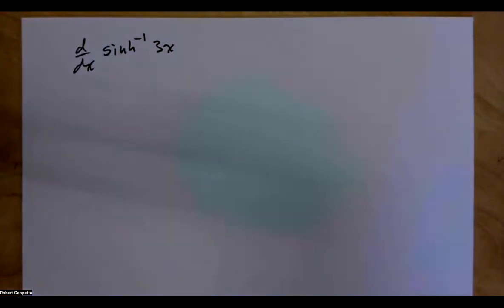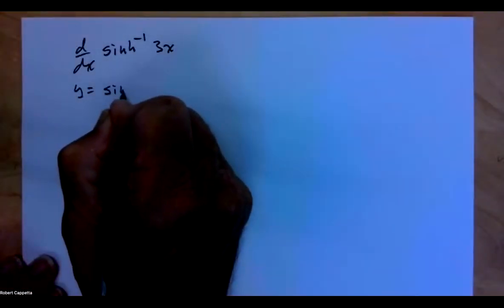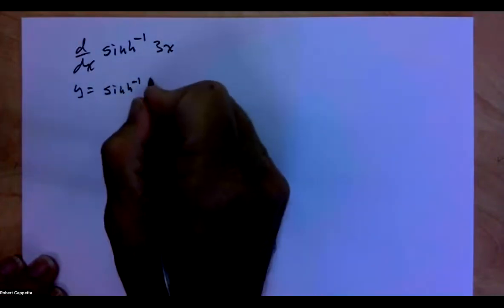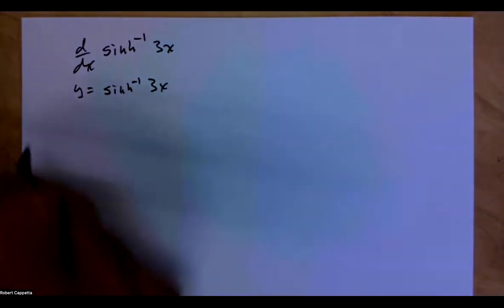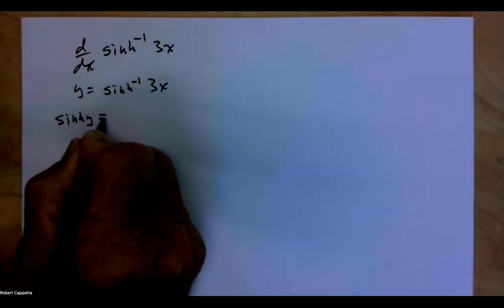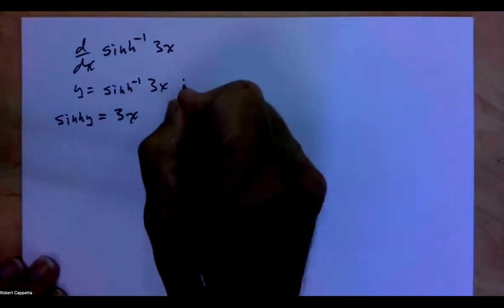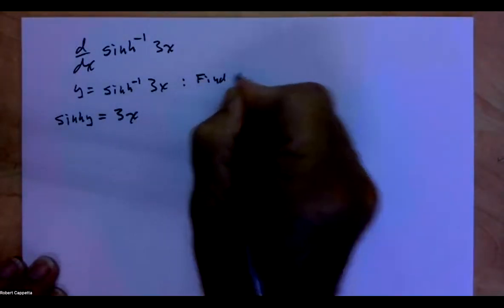So again, how are we going to do this? We're going to rewrite this as y equals inverse sinh of 3x, so sinh of y equals 3x. And we want to find dy dx. That's our goal with this process.